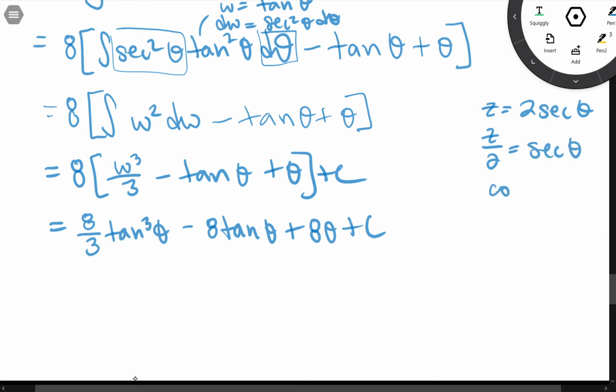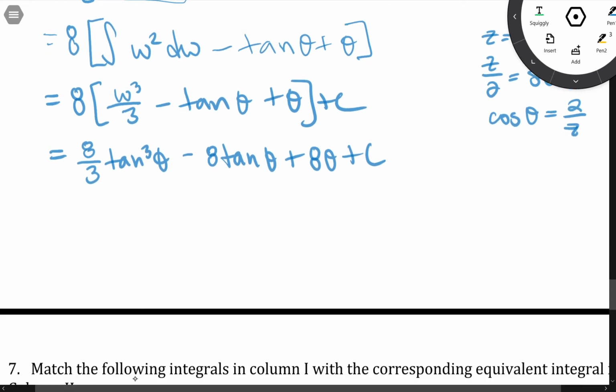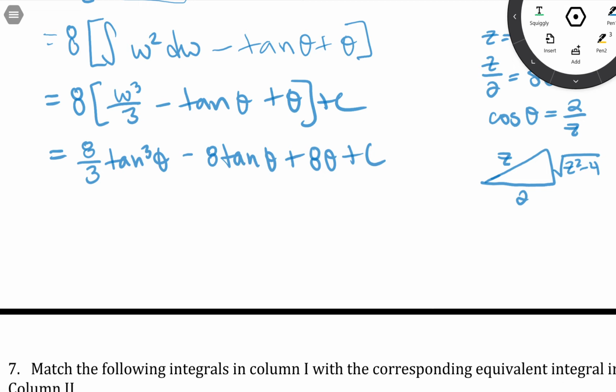Or, if you like it better, cosine theta is the reciprocal, which is 2 over z. So if I draw my triangle, we're going to go adjacent over hypotenuse, and that means that the opposite is the square root of z squared minus 4. And you'll generally see those square roots you started with showing back up. So if you don't, you get some other weird square root, you might want to look around and see if you made a mistake somewhere.